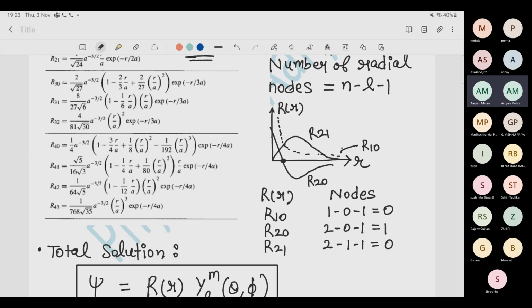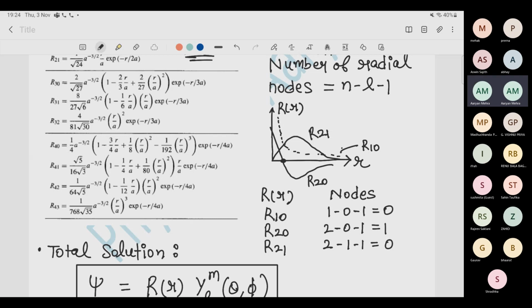So if your R is going somewhere to 0, it means your probability there is also going to be 0. So it means you cannot find your particle at the node position. Means at this R value, you will not have your particle.